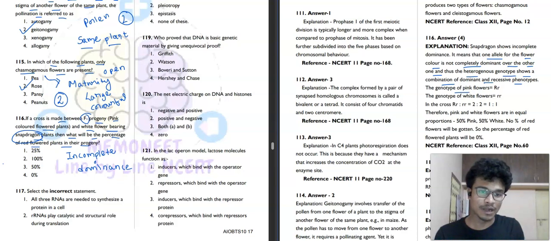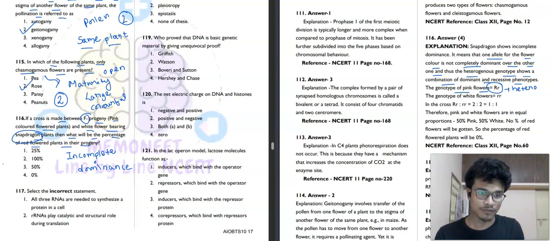The genotype of pink flower is Rr, one is small, one is capital, so it shows that it is heterozygous, and that's why it has pink color, not red, not white, intermediate pink flowers.